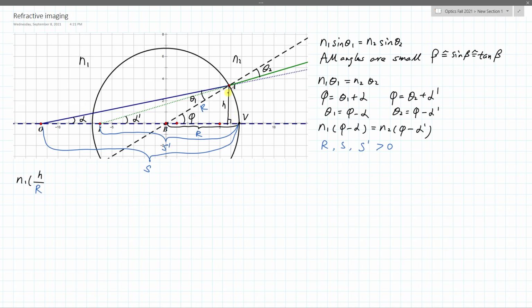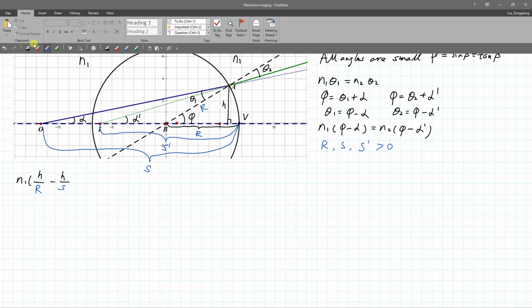So alpha will be h over s. We're slightly overcounting that distance, but we have small angles. So this is basically minus h over s.